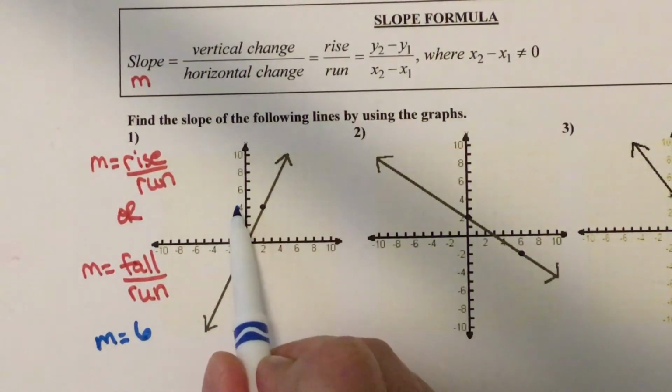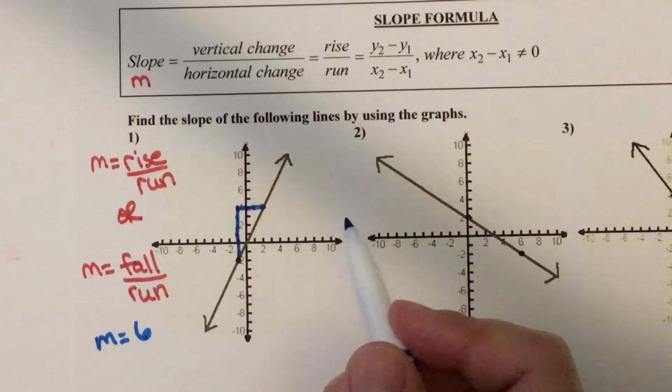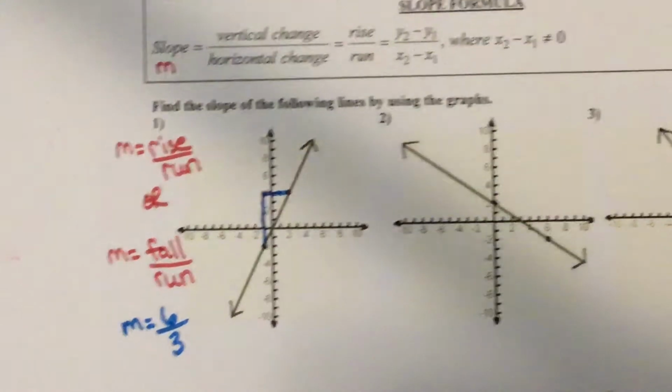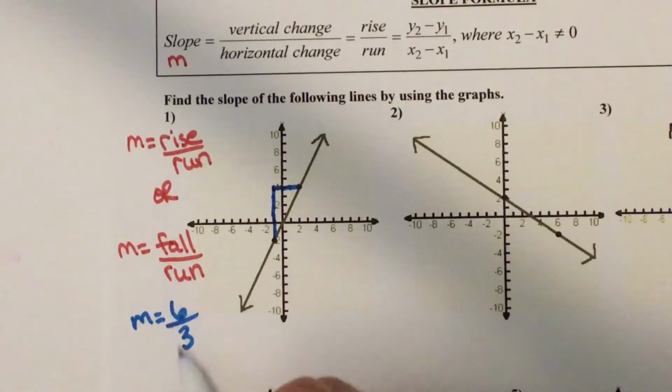And I go right, 1, 2, 3. And since I went right, that's a positive 3. Now, one thing about slope is a fraction, and you always want to reduce it because we always reduce fractions. And 6 divided by 3 is 2. And you could put 2 over 1, but 2 over 1 is the same thing as 2.